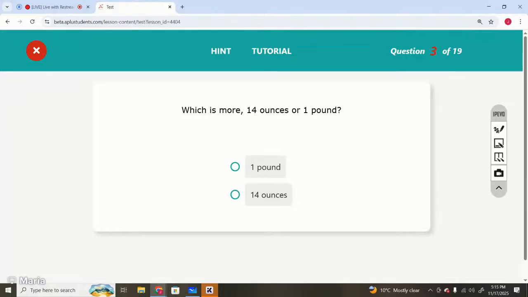Which is more, 14 ounces or 1 pound? 1 pound equals 16 ounces, so 1 pound is more than 14 ounces.